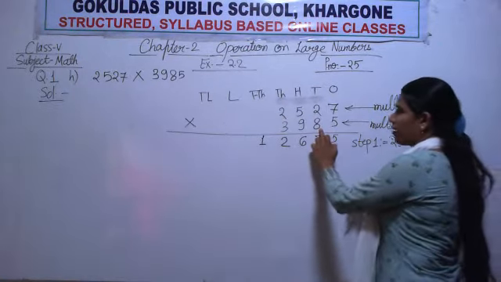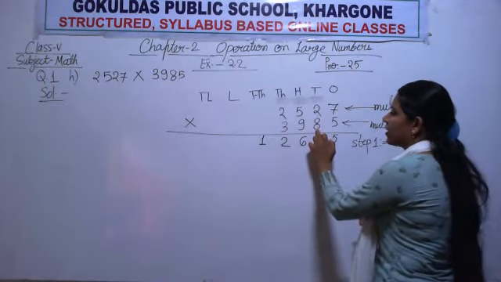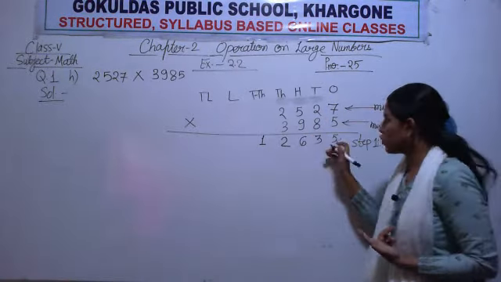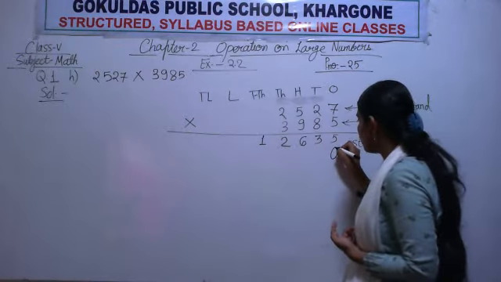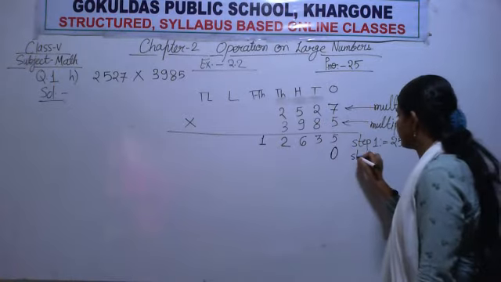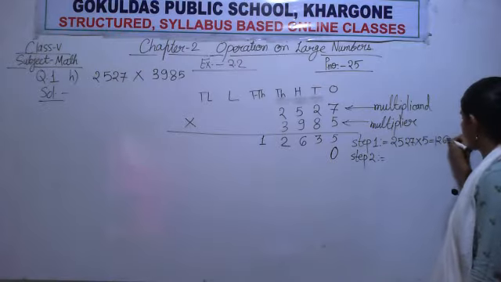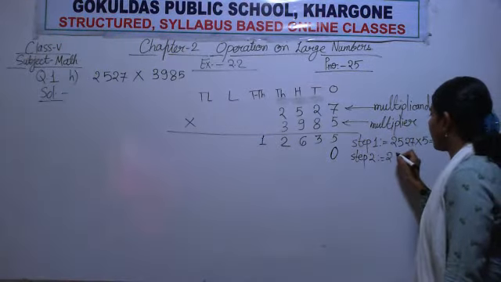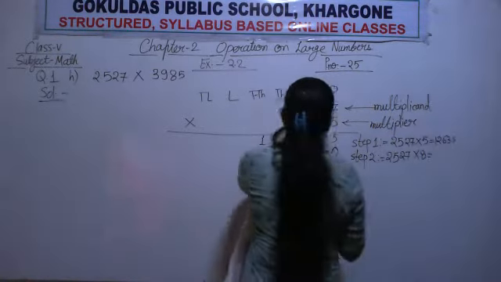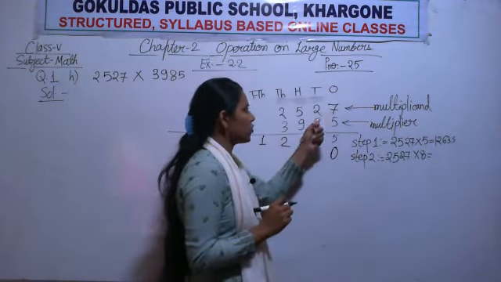Now we will multiply 2527 by this 8. Here observe that in 3985, 8 is at tens place. So you have to put a 0 when multiplying by 8. Step 2. For the multiplication you must know the tables.